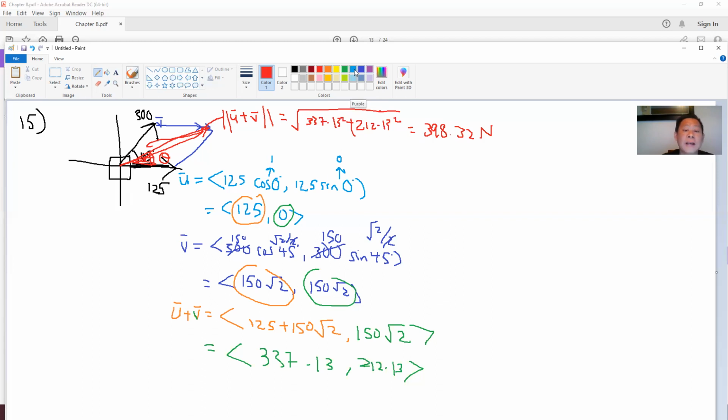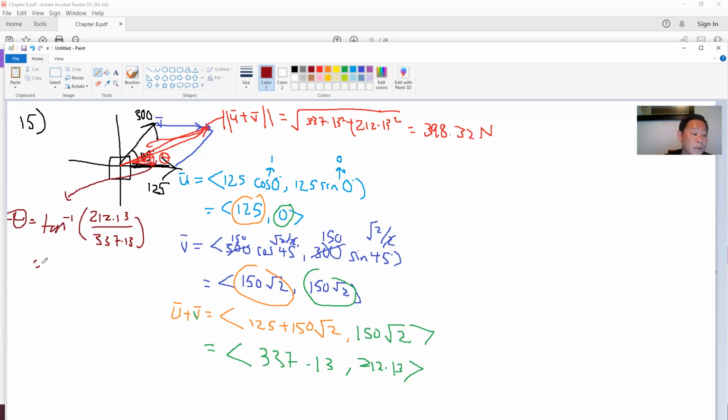And then the question is also asking for the theta. In order for us to find the theta, the direction, you do the arctangent of the second component, 212.13, over the first component, 337.13. This is usually in degrees, so you probably set your calculator in degree mode.